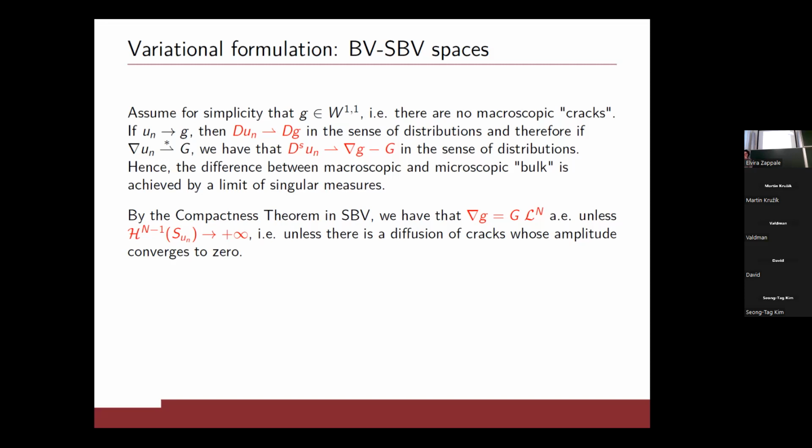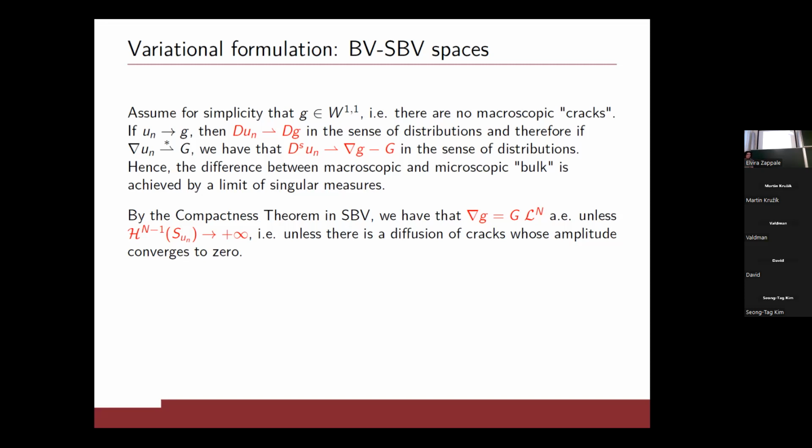But I want to say something. The point, as was already shown by the examples, is that if you consider the entire derivative of your SBV field, your simple deformation u_n, their gradients converge to the entire gradient of your field g, which means that the singular part, of course, by linearity, goes to the difference between nabla g and capital G, that field that before was denoted by M. This is somehow essentially conflicting with the so-called SBV^p setting by Luigi Ambrosio.